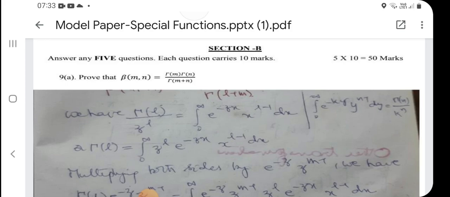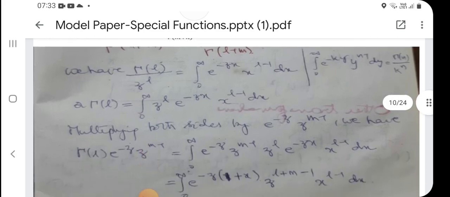So here I am going to use the integral 0 to infinity e power minus zx into x power L minus 1 dx. That is nothing but the standard formula gamma L divided by z power L. Therefore, gamma L is given by integral 0 to infinity z power L into e power minus zx into x power L minus 1 dx.